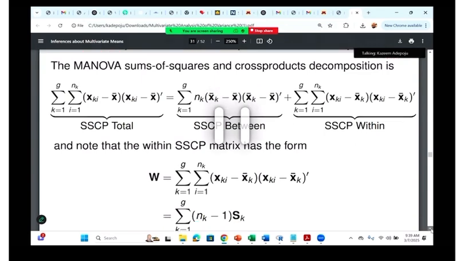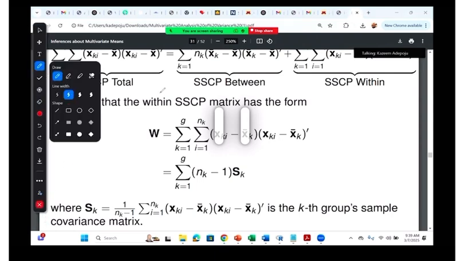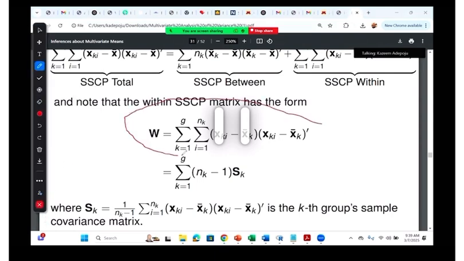Okay? Now, this can also be written as this. Please pay attention. If I want to, I can use that or use that. It's the same. The two of them are the same. What is SK? SK is the sample covariance for a particular group, maybe for group K: when K equals 1, for group 1, K equals 2, for group 2.